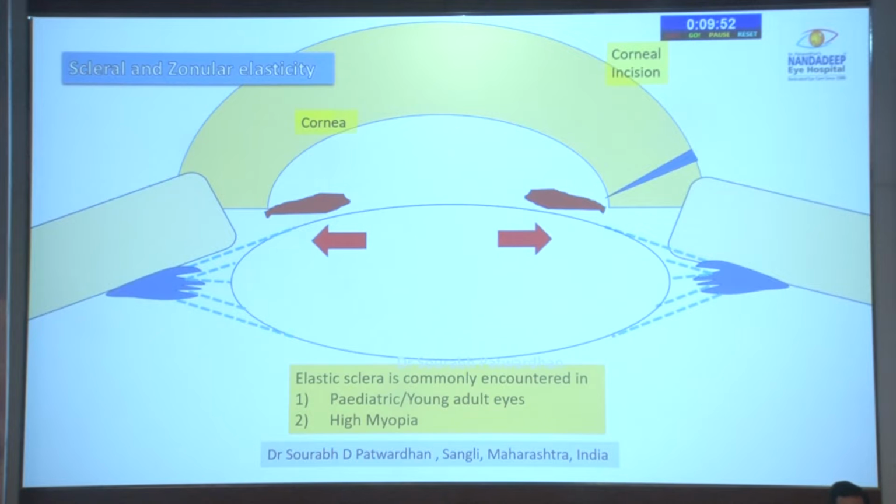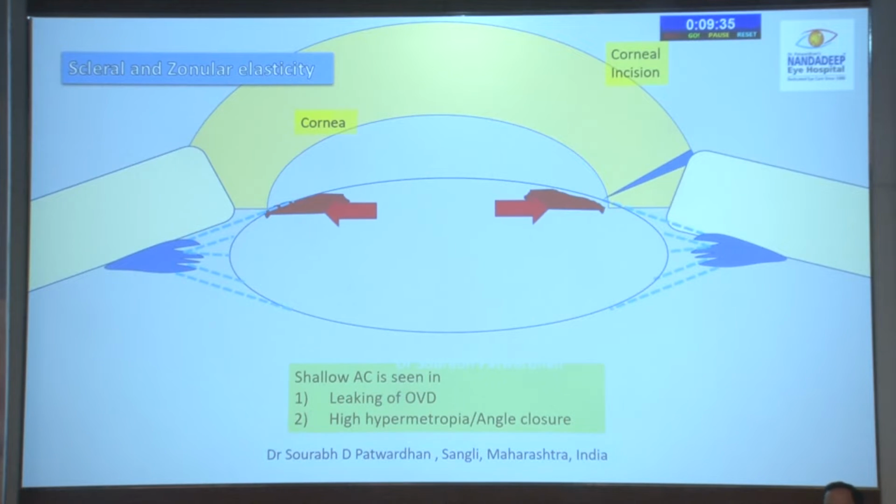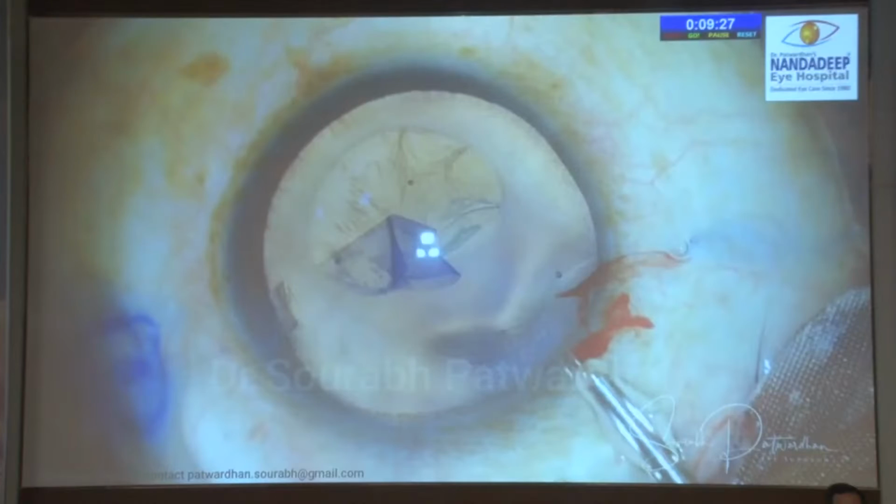Elastic sclera is commonly seen in young eyes, like pediatric eyes or young adults, also high myopes, and these behave differently. In these eyes, not just the shallowing of the AC, which is commonly seen, causes capsulorhexis extension, but even excessive deepening of the anterior chamber can lead to capsulorhexis problems. I will show you a very interesting video about this.